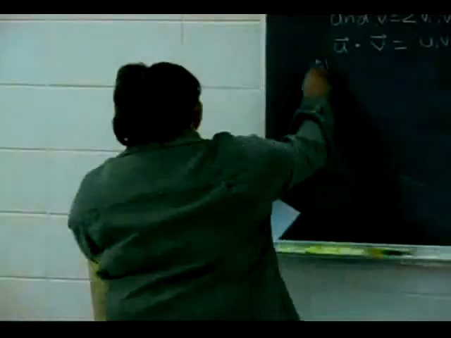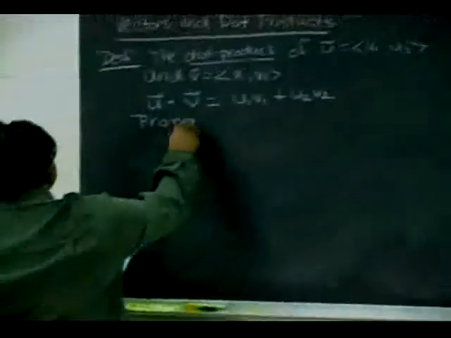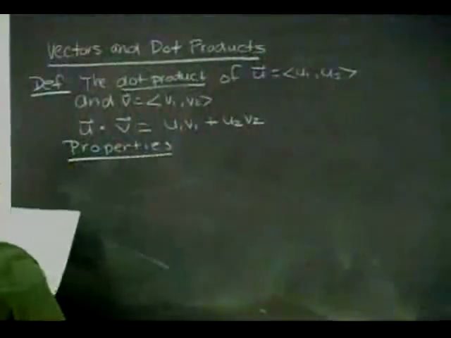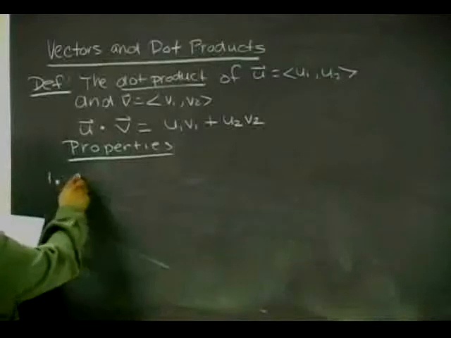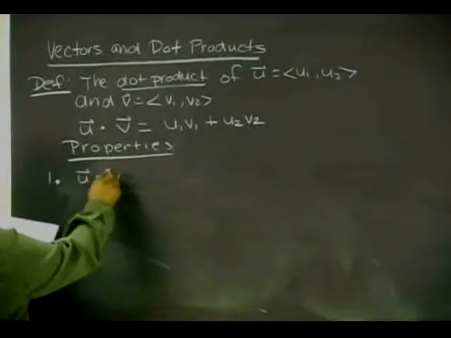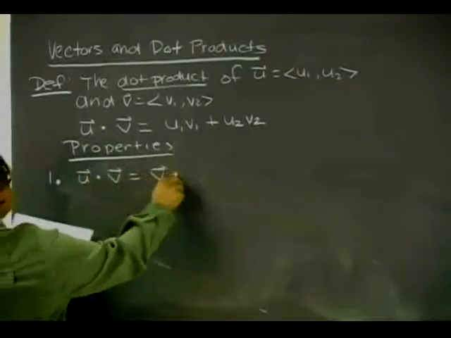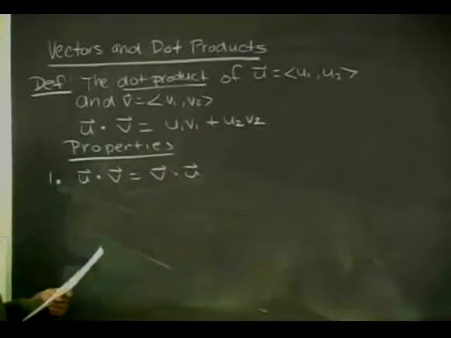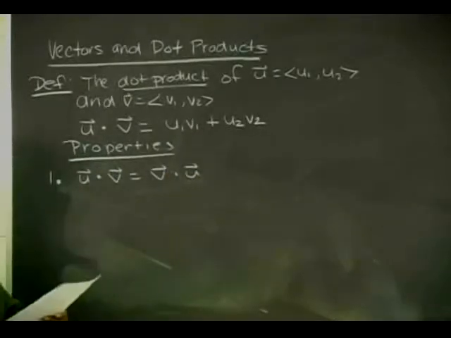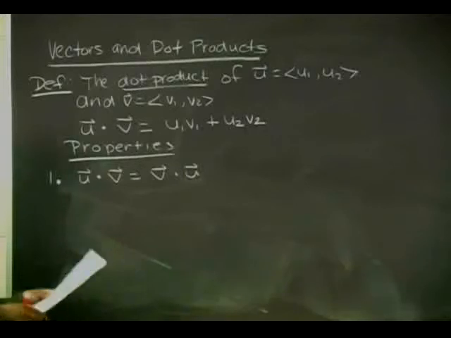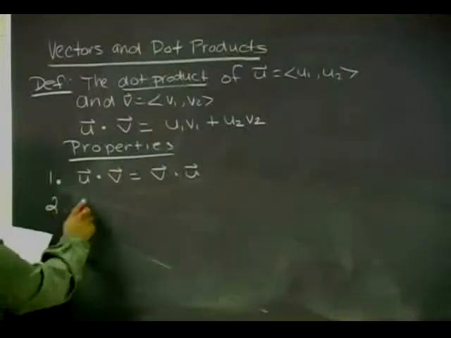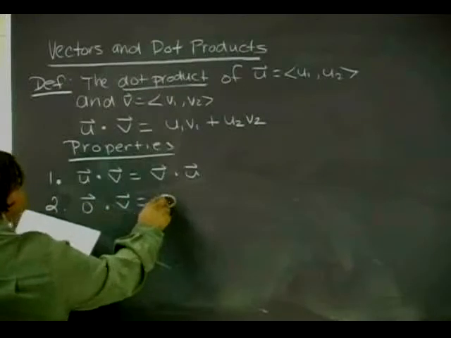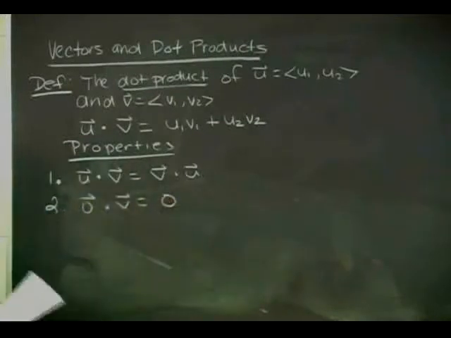We have some properties of the dot product. The first property is u dot v is the same as v dot u. So it does not matter the order that you take the dot product with, okay? Number two, the zero vector, if we dot it with any vector, will give us the number 0 back.